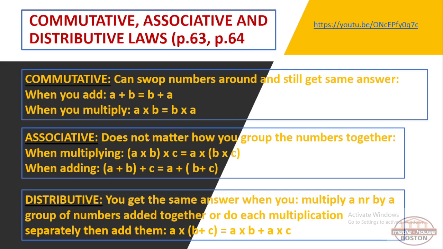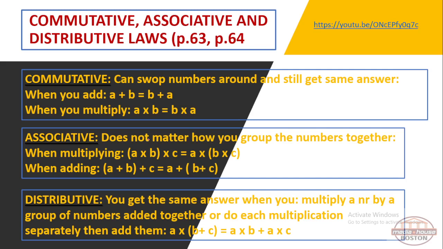For example, a plus b, you can swap them around and say b plus a, meaning that you will still get the same answer. 3 times 4, or a times b, you can say b times a. You still get the same answer. If we use numbers, 3 times 4 will still give you 12 and 4 times 3 will still give you the same answer. So we call it the commutative law.